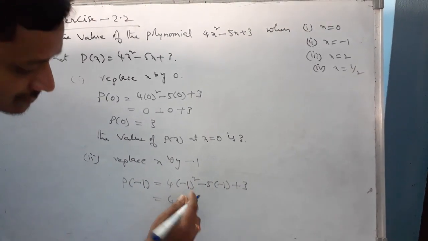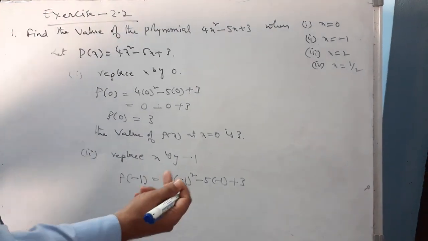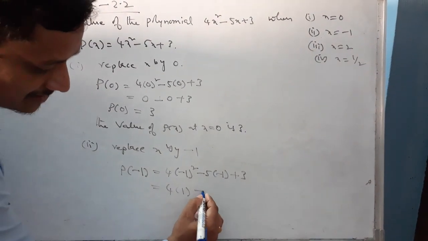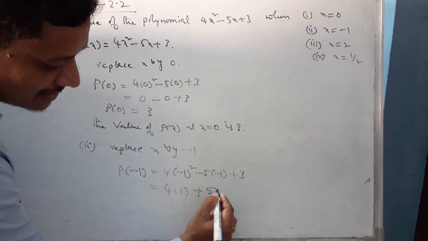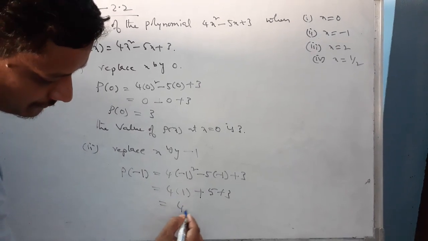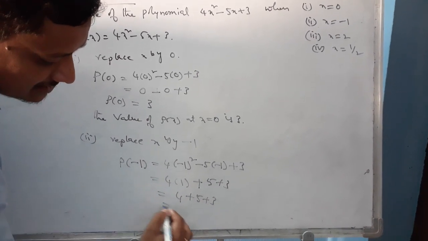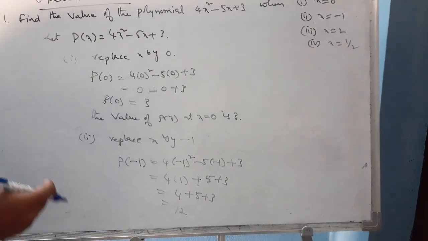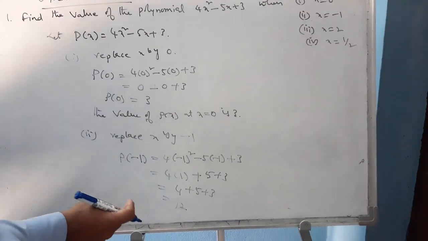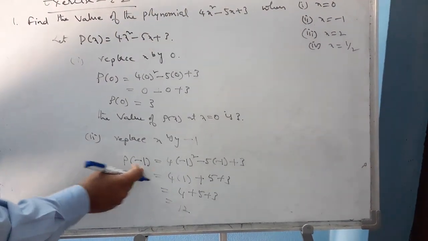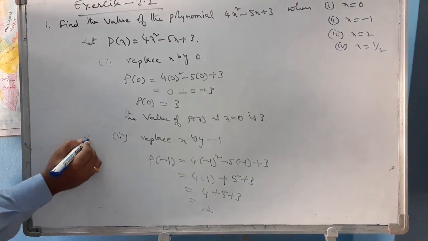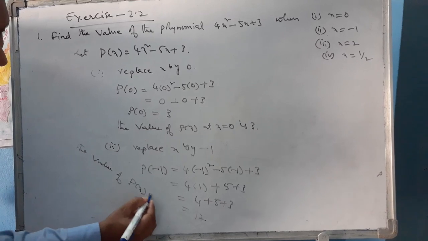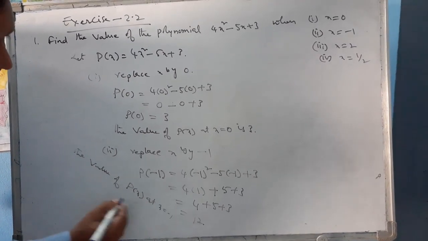Minus 1 whole square means minus 1 into minus 1, so it becomes 1. Minus into minus is plus 5, so 4 plus 5 plus 3. 4 plus 5 is 9, plus 3 is 12. So the value of the polynomial p of x at x equal to minus 1 is 12.